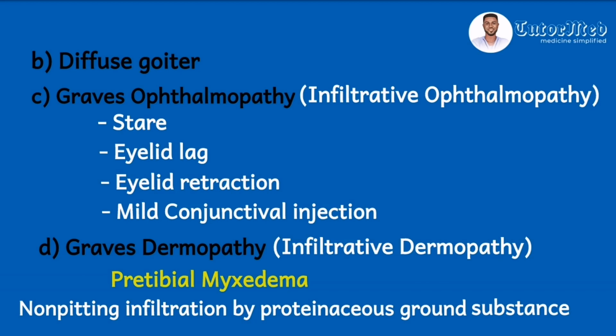And so for our answers, we want to pick them. For the 6 features, we would pick a diffuse goiter, then we would mention diaphoresis, increased weight loss despite increased appetite, tremors, heat intolerance, and palpitations.